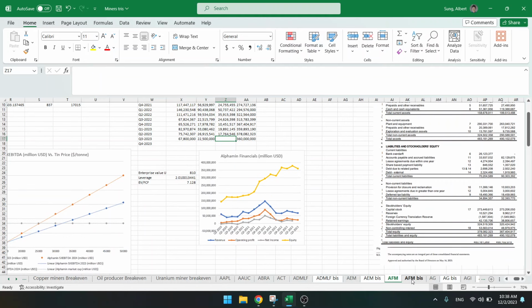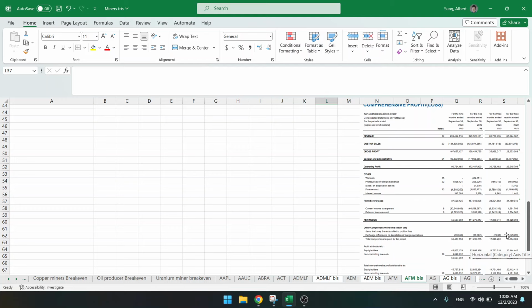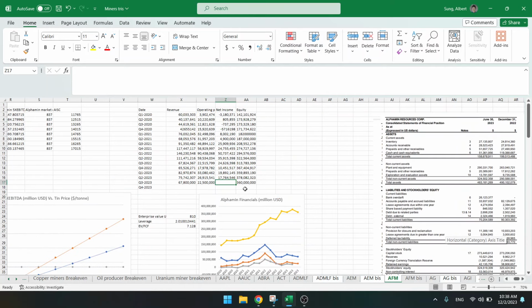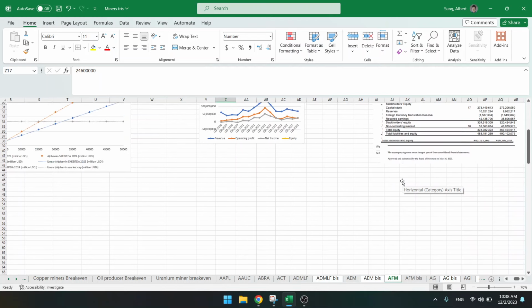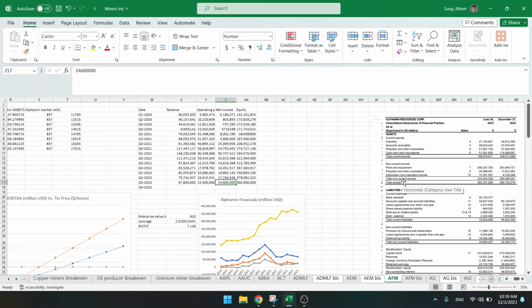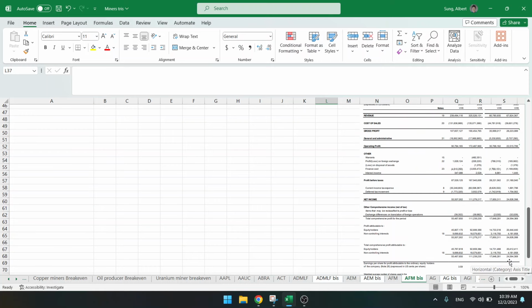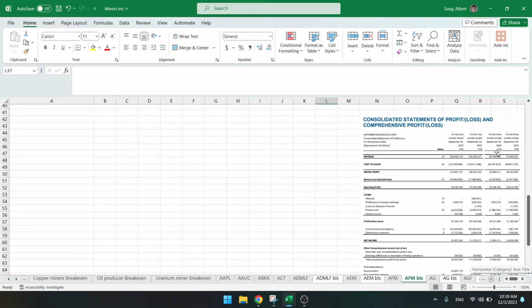And net income is also down to 4.8 to 4.6. Actually, that's up. That's weird. Why is it up? Or is it... What did I choose the last time? September.